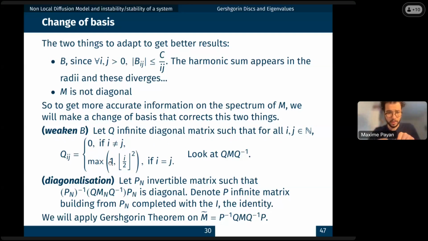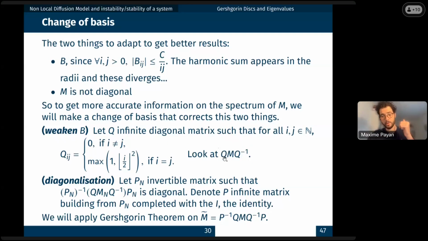And on the diagonal, the first block will be 1, 1. The second will be 1, 1 also. The third one will be 2 squared, 2 squared. Then 3 squared, 3 squared, etc. Okay. And then we look at this new matrix.